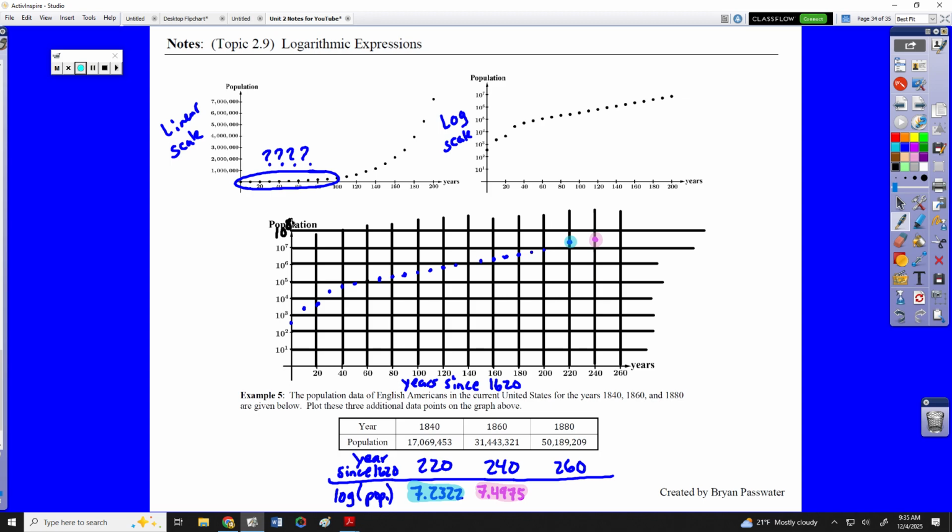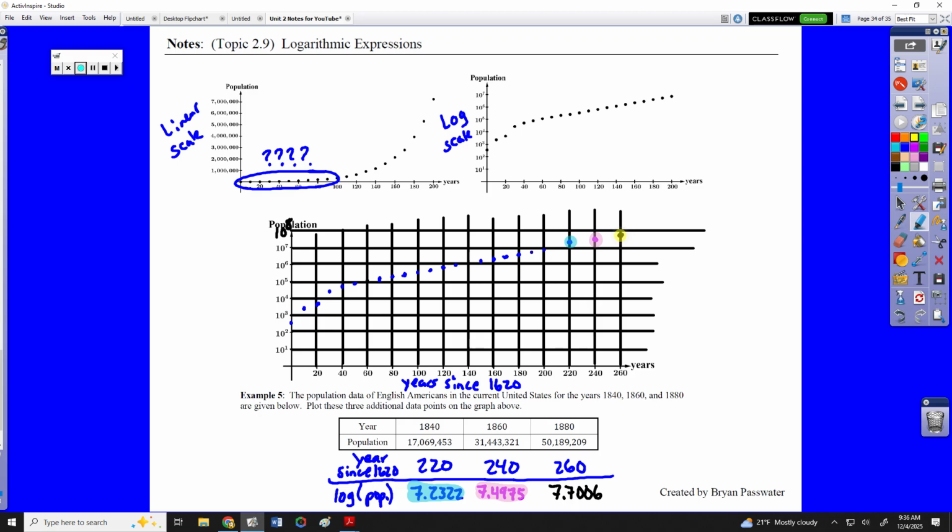Okay, next up we have 260 years after 1620. The population is 50,189,209. So if we take the log of 50,189,209, that is 7.7006. So we would graph that point. We still have not made it to 10 to the 8th power, but we are significantly closer.